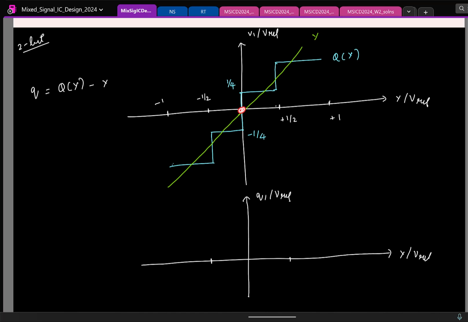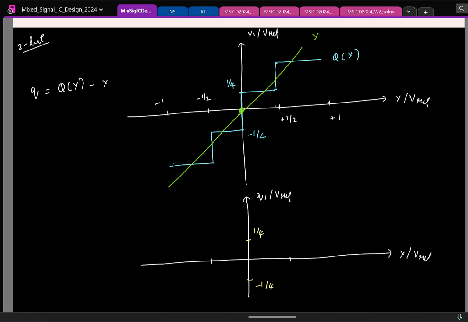At 0, you see that the green curve is 0. The blue curve jumps up to 1/4 or minus 1/4. So if I take the difference between these two, at 0, what do you see? There will be a discontinuity, and what will be the height of the discontinuity? 1/4. So it will jump up and down by 1/4.